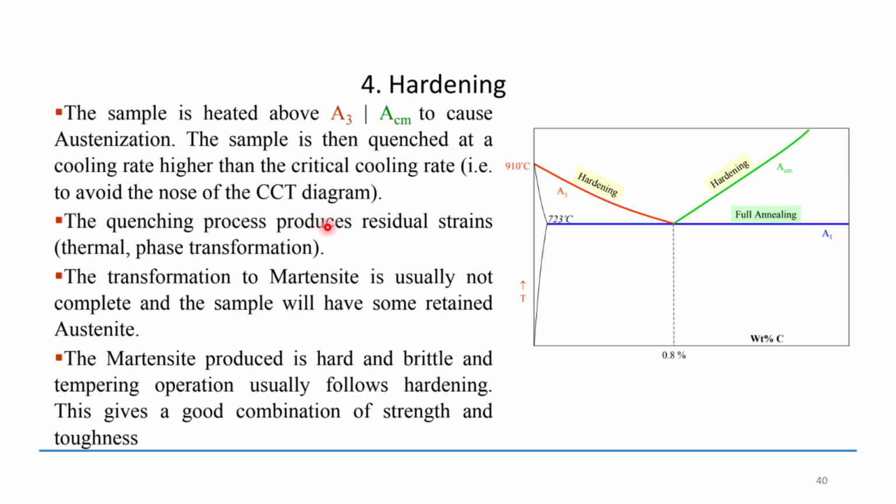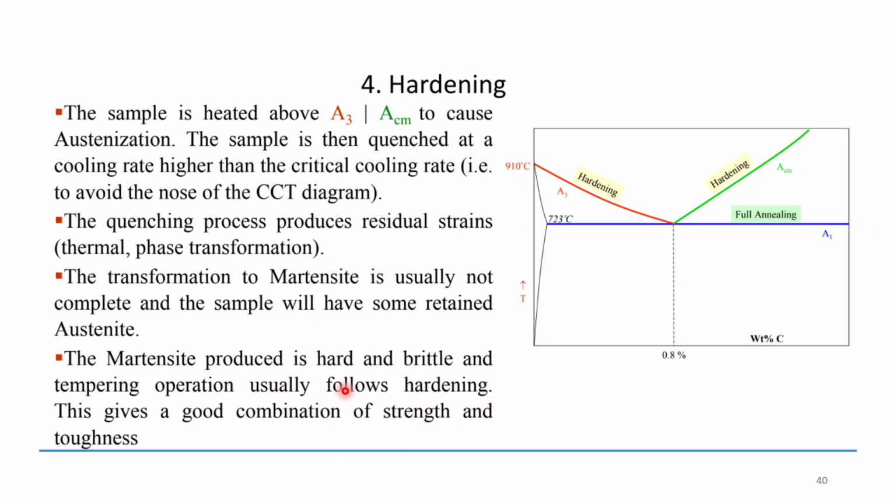The quenching process produces residual stresses, such as thermal stresses, because of phase transformation. The transformation to martensite is usually not complete and the sample will have some retained austenite. The martensite produced is hard and brittle, and a tempering operation usually follows hardening. This gives a good combination of strength and toughness.